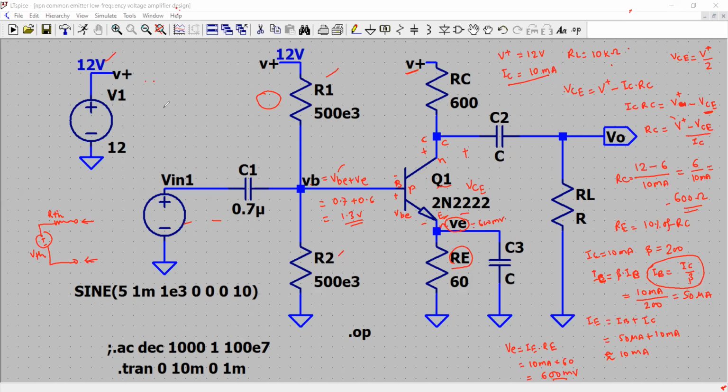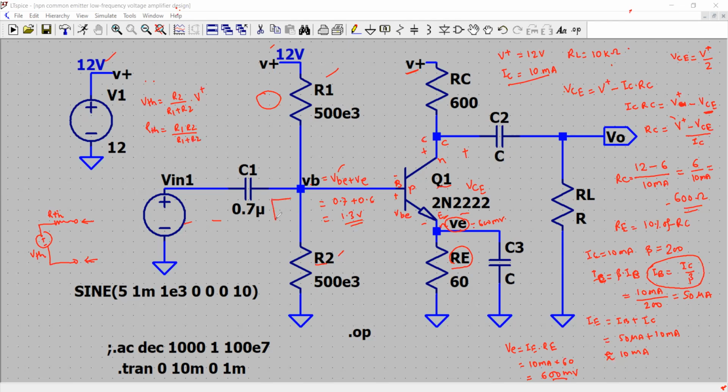Thevenin's voltage from this network, VTH, would be R2 divided by R1 plus R2, multiplied by V plus, which is 12 volt here. And RTH can be given as the parallel combination of R1 and R2, that is R1 times R2 divided by R1 plus R2.